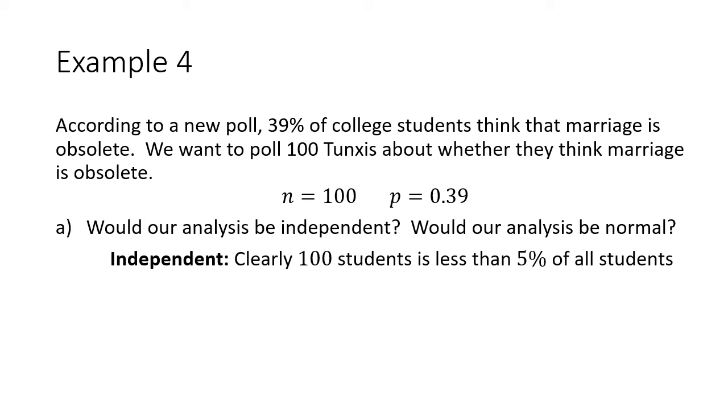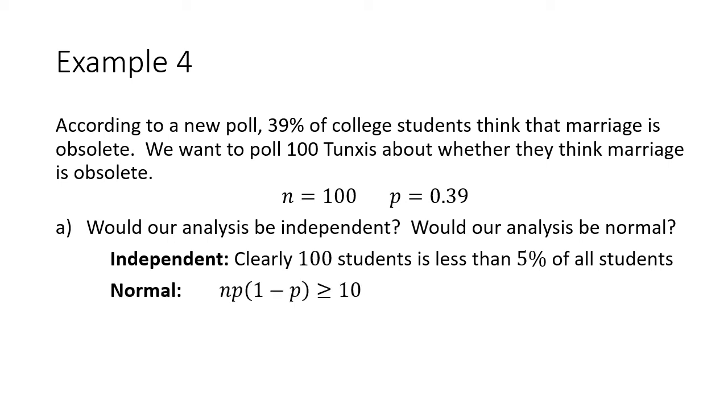Now, the important question here is, of course, what are we asking? Well, we're asking students, do you think marriage is obsolete? Your result is yes or no. That's that binomial idea, right? There's only two possible cases. Either you say yes or you say no. So this is a qualitative type problem, and clearly we're dealing with proportions here.